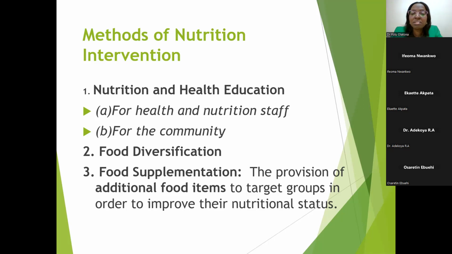Many people don't know anything about sweet potato. They don't eat sweet potato. They don't eat yellow yam, cocoa yam. I hope that cocoa yam will not disappear from this country. I hardly see people eat it, and it's nutritious. Food diversification is important. Many people don't eat beans. Many people in this Lagos don't even know that white beans exist.